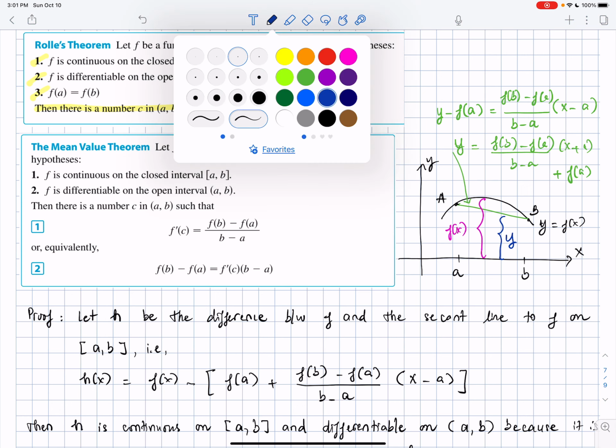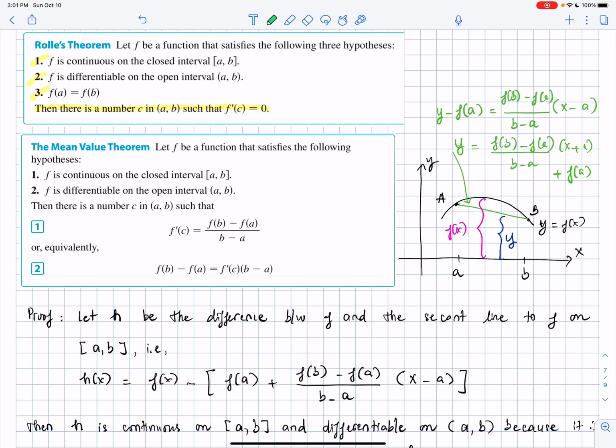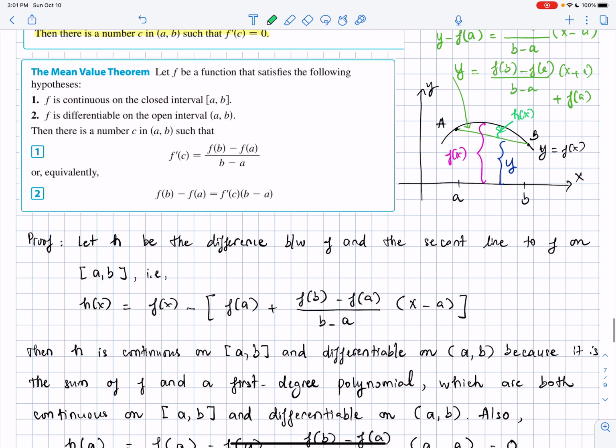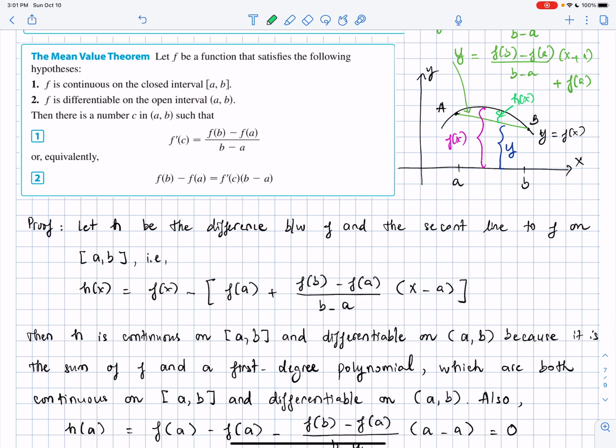And then we want to find the difference between these two functions, which is in the green color. So this is the h of x, okay? So the proof is: let h of x be the difference between the function f and the secant line to f on the closed interval [a, b].